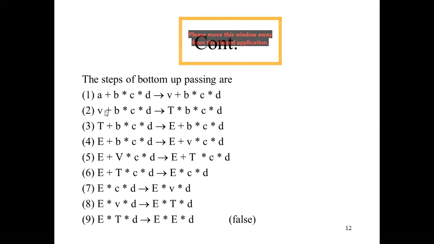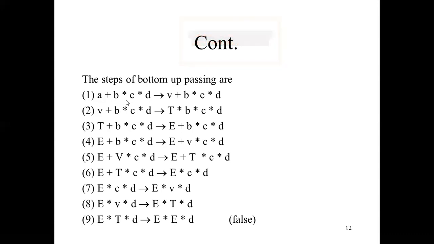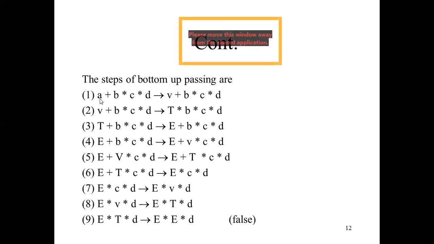Now you can see, come to this side, A plus B star C star D. This is the input string. Now in the first step, you can see we are replacing A by V. We have the options A, B, C, D, we can replace by V. We have four options.